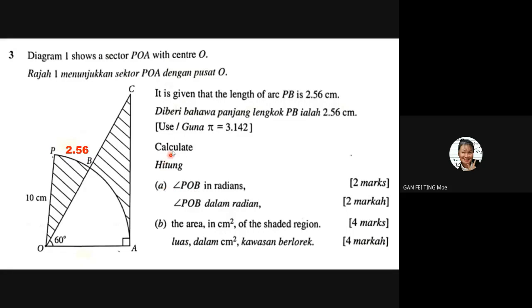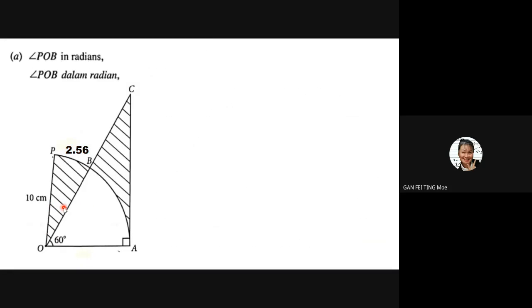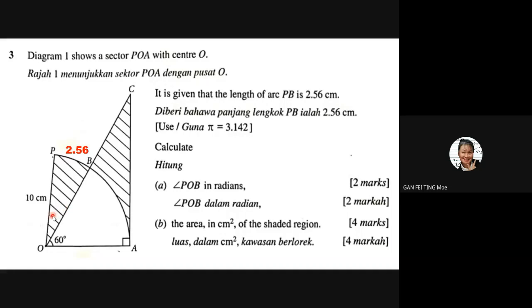Part A, hitung, calculate angle POB in radian. Okay, and then B, area in cm squared of the shaded region, luas dalam sentimeter persegi, kawasan berlorek.